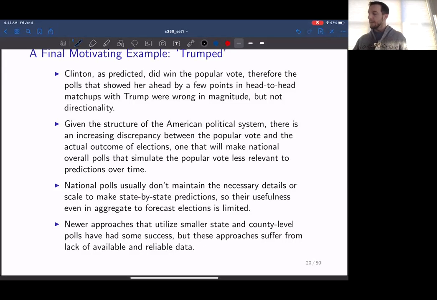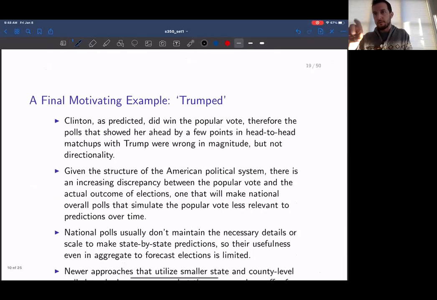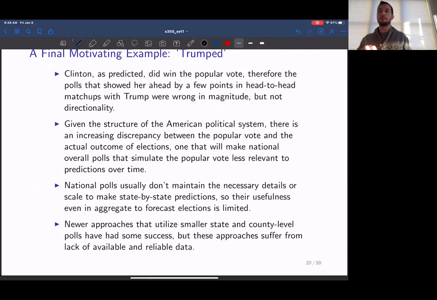The national polls don't maintain the necessary details or scale to make state-by-state predictions. So in that situation, because those electoral votes are divided within the states, if you can't do the predictions state by state, it makes determining the total number of electoral votes very difficult, because you need to essentially weight by the states, because there's a different number of votes within each of those different states, right?